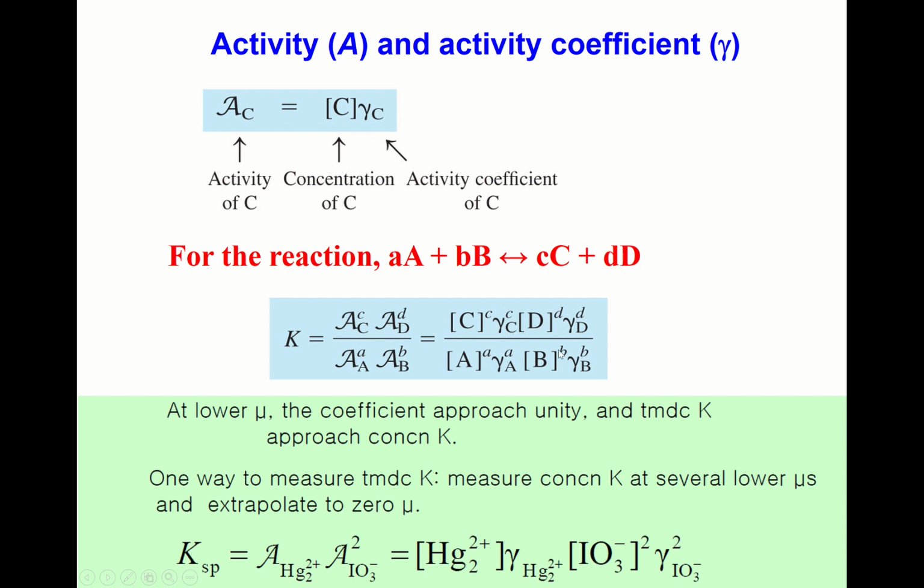Now this is a more accurate calculation of the equilibrium constant. At lower ionic strength, which means that there are not many ion species in solution, the activity coefficient approaches unity, which is 1.